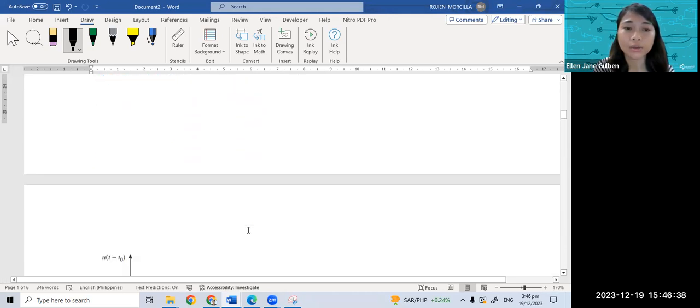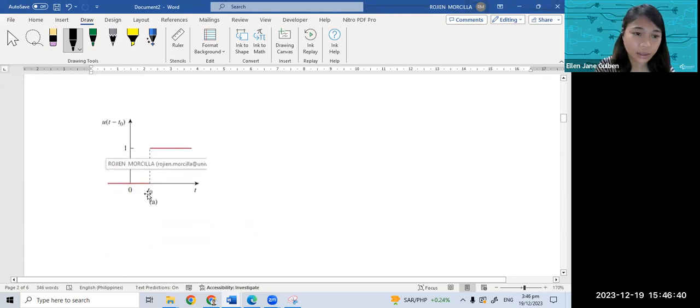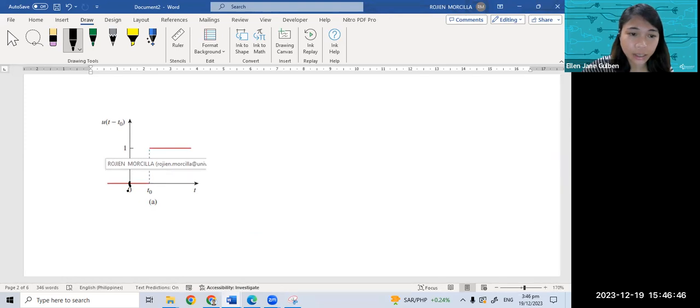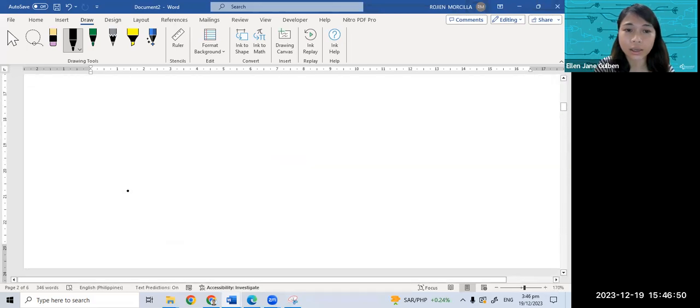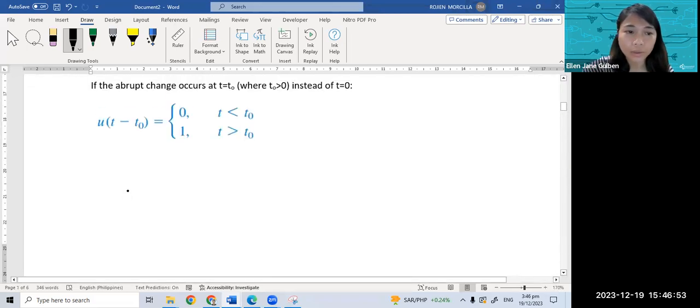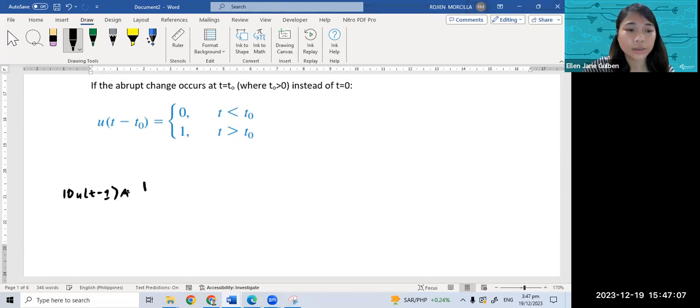So what does it look like? It looks like this. Okay, so instead of starting at 0, it started at t0. So siya nag-start. Okay. What happens if you have something like this? Let's try 10 u of t minus 1 ampere.